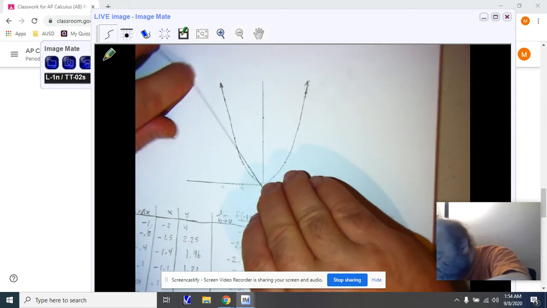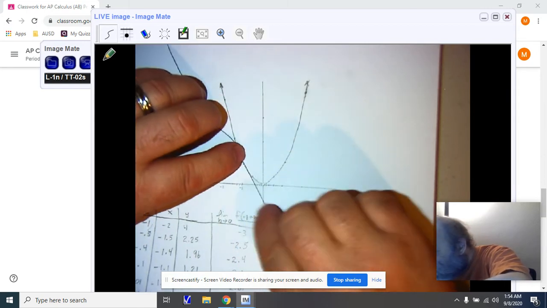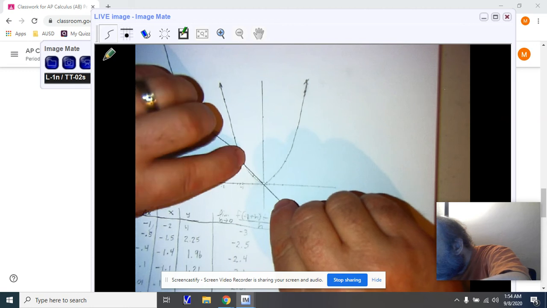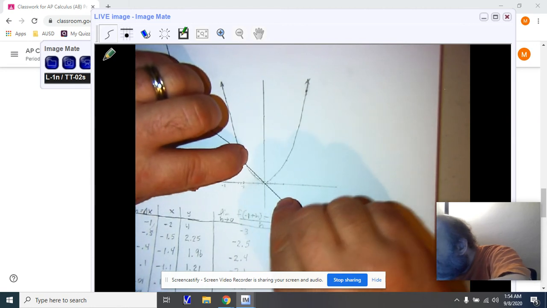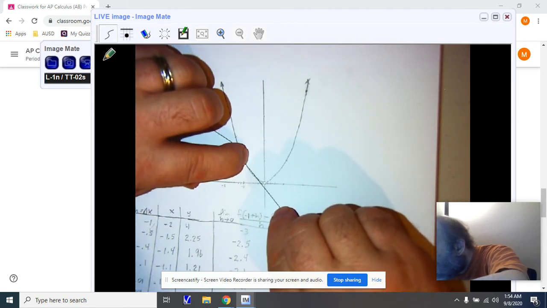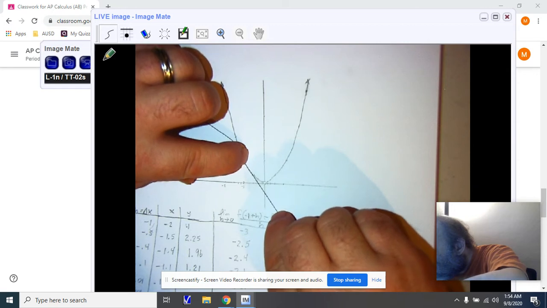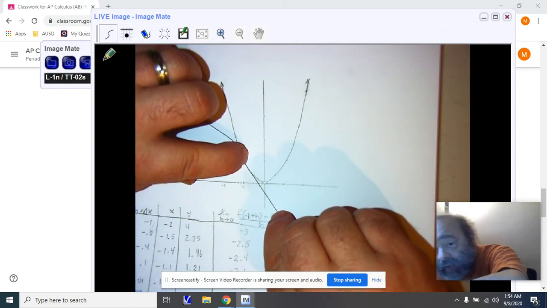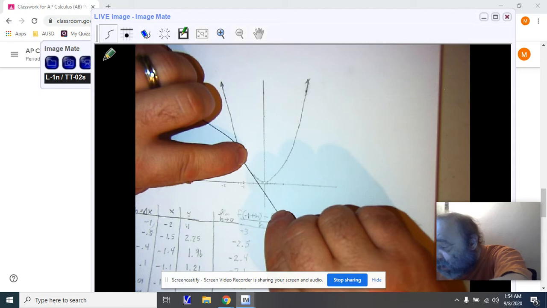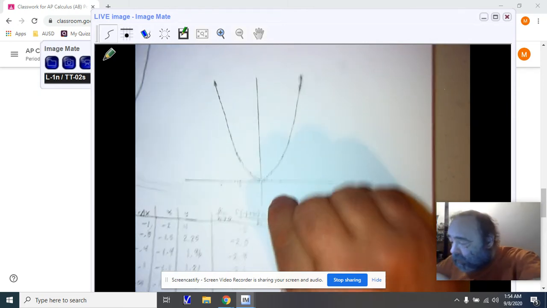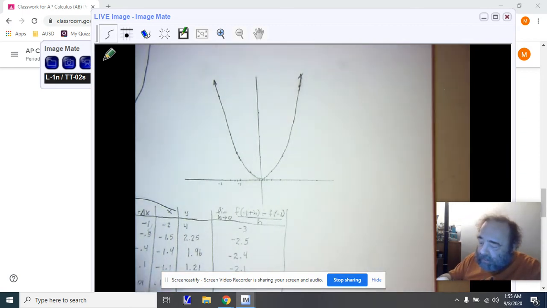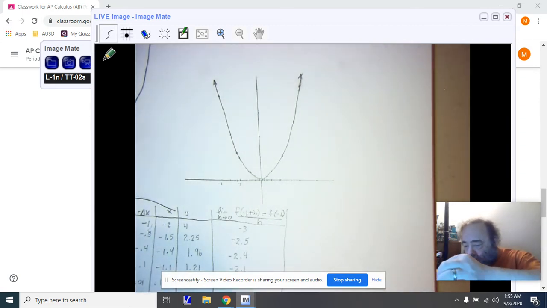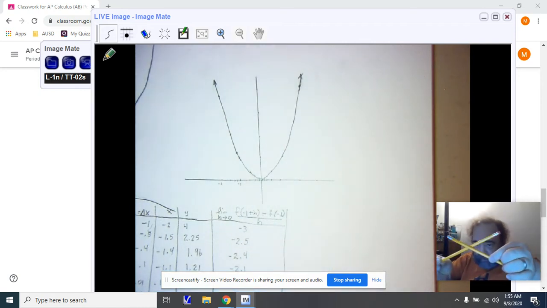If I go to the other side, I put it on 0, and then I go to 1/2. You'll notice it's also approaching that tangent line as the delta x gets closer and closer to 0, which means that from both sides, we have two slopes that are approaching the same value.